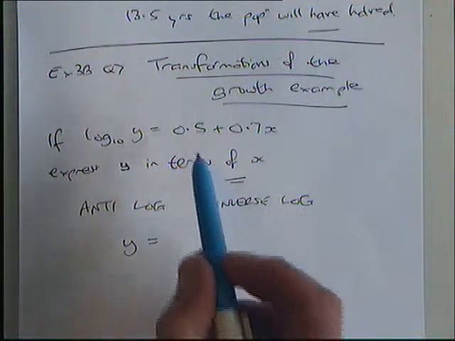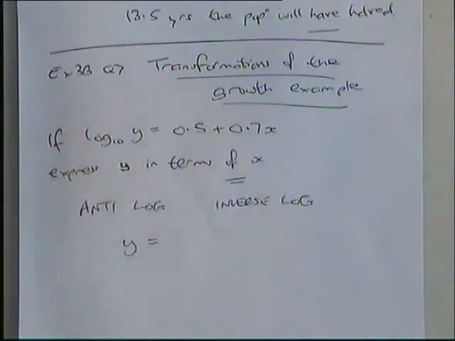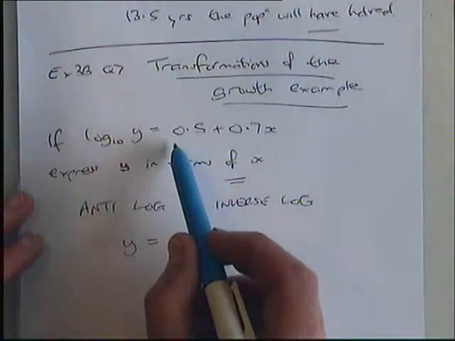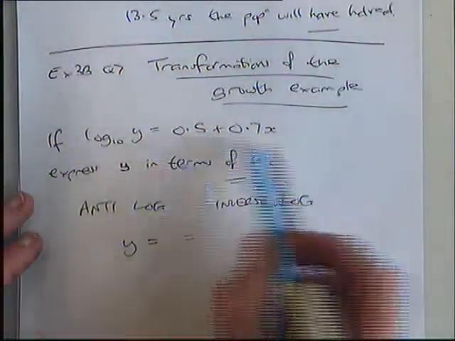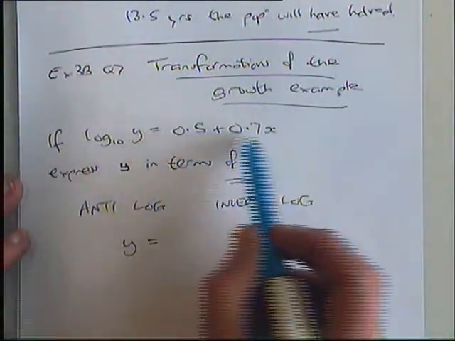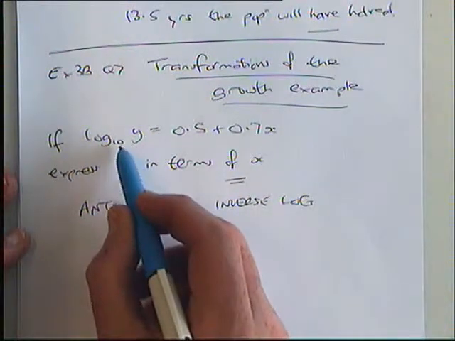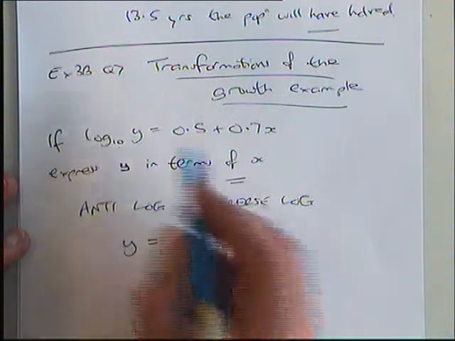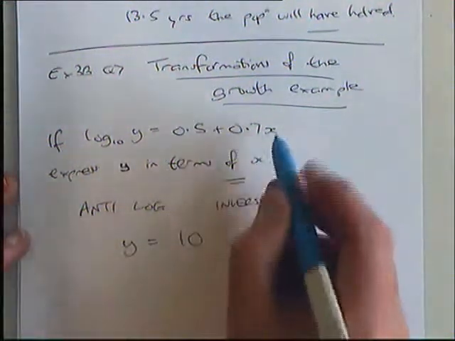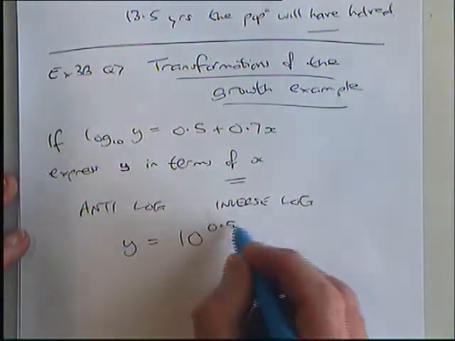What you said is going to be exactly right over here, Tabby. If I'm anti-logging this right-hand side, whatever number this is here, this side is the power on that number.